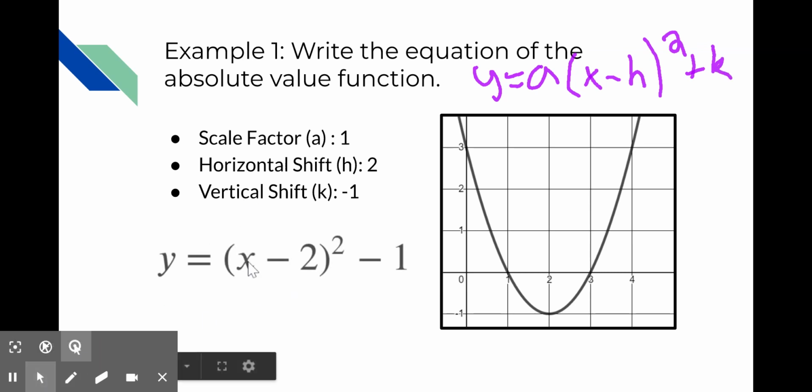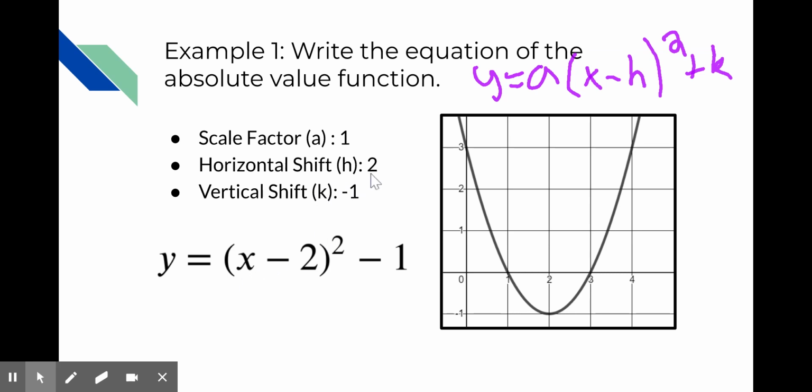When I plug that in, a is 1, so I didn't need to write it. And you might say, okay, the horizontal shift is 2, and down here it's -2. Remember, it's always the opposite in the equation. So it's x minus 2, and then our vertical shift is -1.